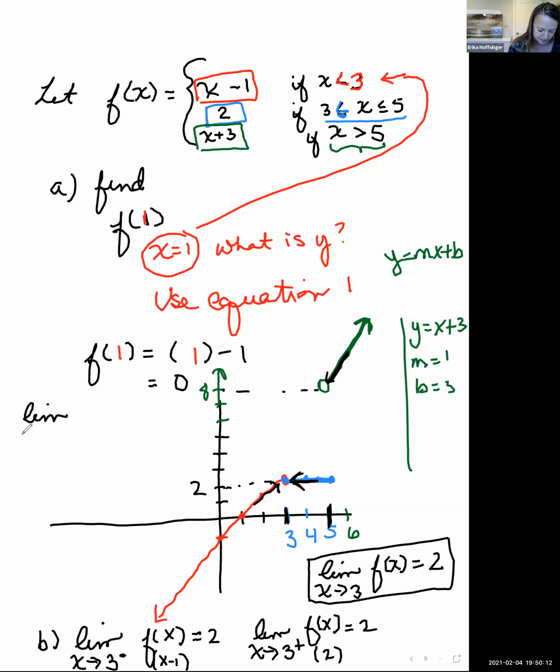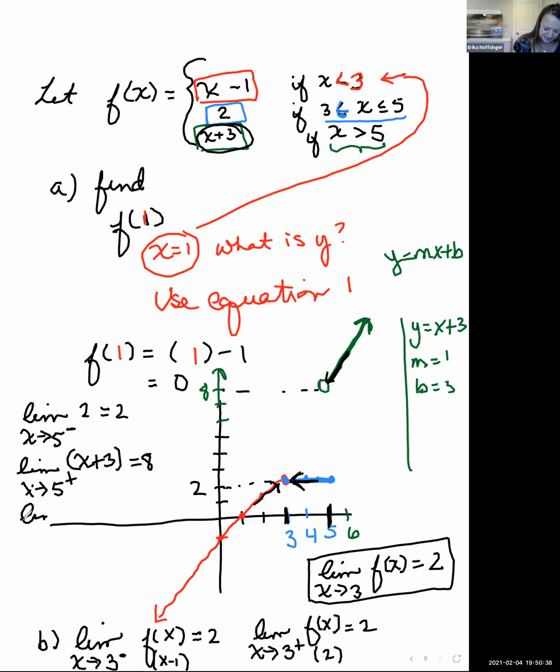So the limit as x approaches 5 on the left, that uses my equation, I'm just going to write that equation 2, which equals 2. The limit as x approaches 5 on the right, that equation I use is x plus 3. And this equals 8.